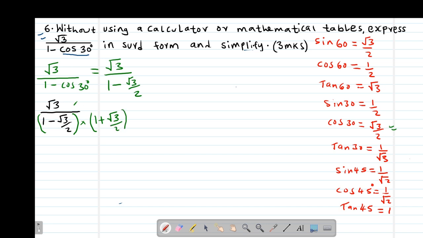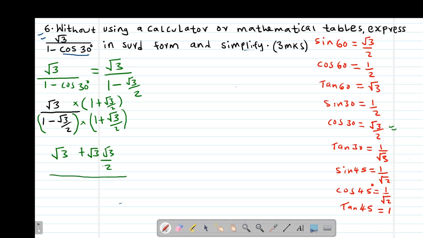You do the same thing on the numerator, 1 plus the root of 3 over 2. So if we multiply root 3 times 1, I'm going to get the root of 3. Then root 3 times root 3 over 2. This one will be plus root 3, which was outside. Then we have root 3 over 2, root 3 over 2, that way.